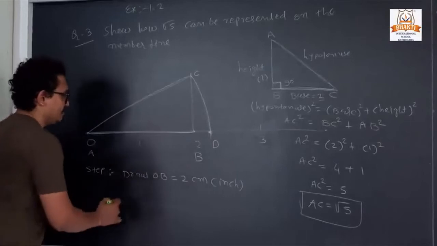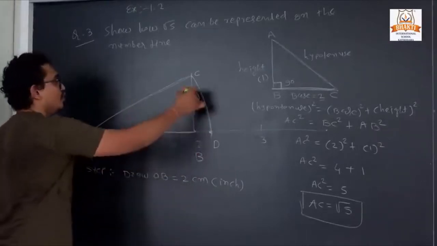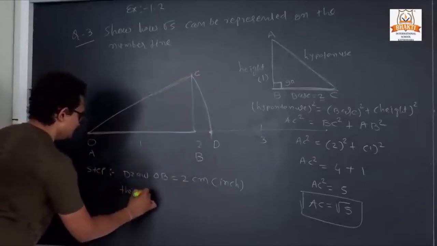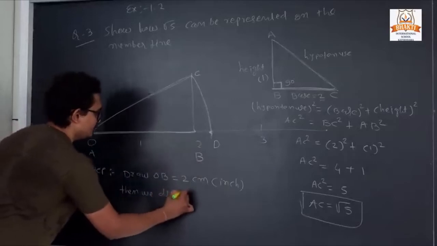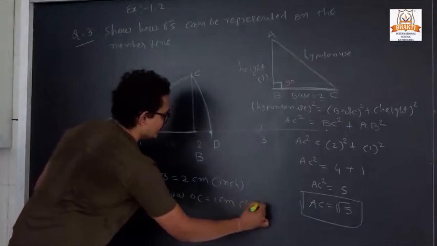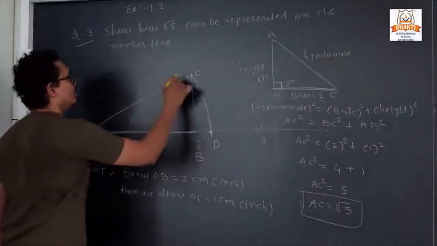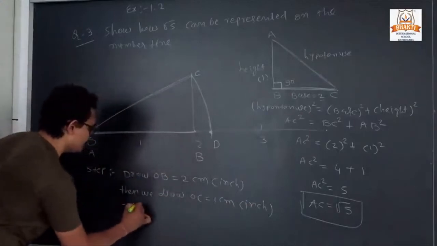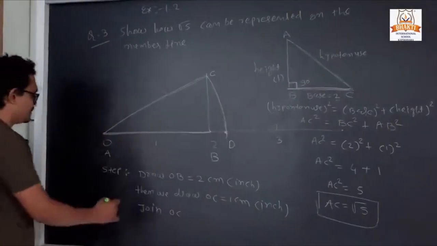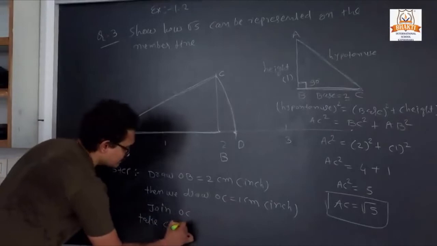Next, from there we can draw OC is equal to 1 centimeter, or sometimes it will be inch. Then join OC. Now take O as the point.